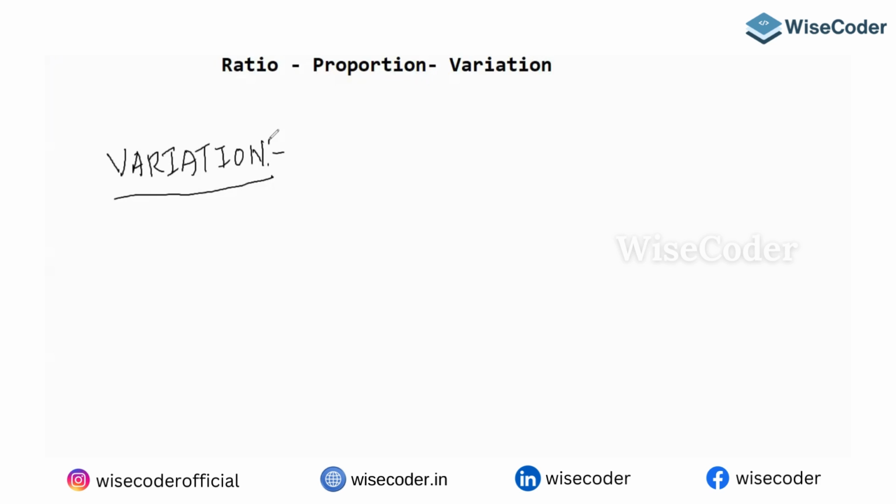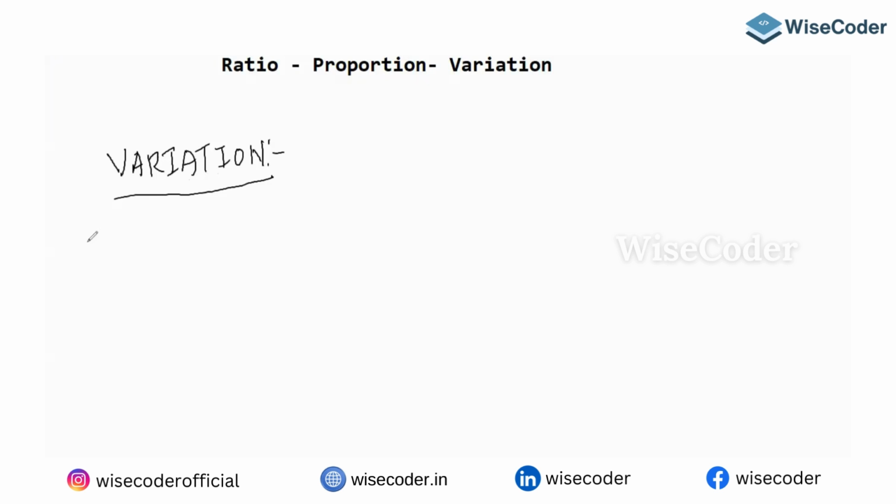Variation means a change in one quantity automatically changes the other quantity related to it. It's called variation.